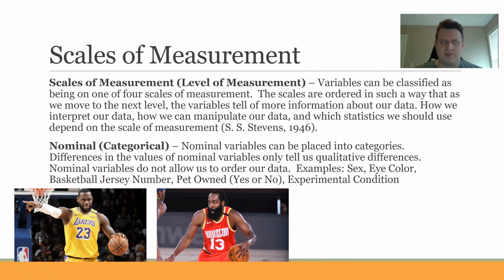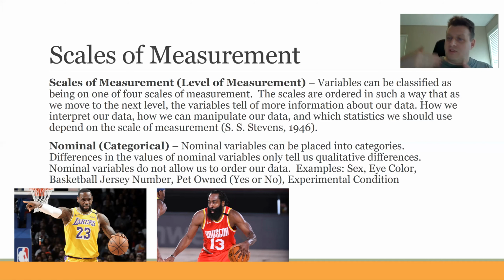Now let's think about it this way. Let's say that two basketball teams are playing against one another. Let's add up the numbers on both the teams and take an average of those. And then we can tell which team is better by taking the average of their players' numbers. Does that make any sense? No, it does not, because the numbers only tell us differences.